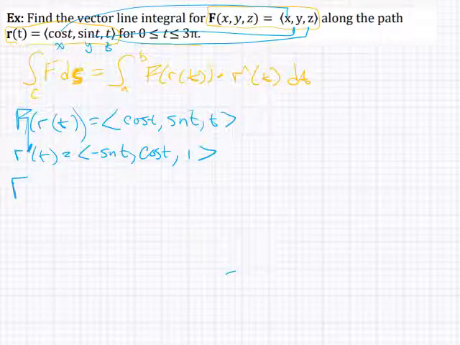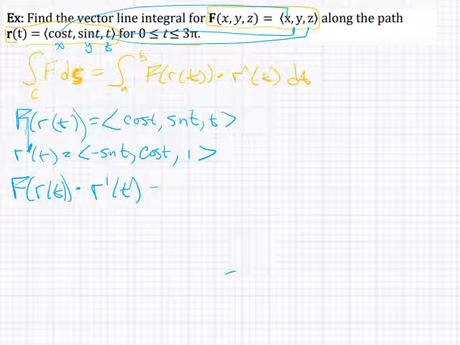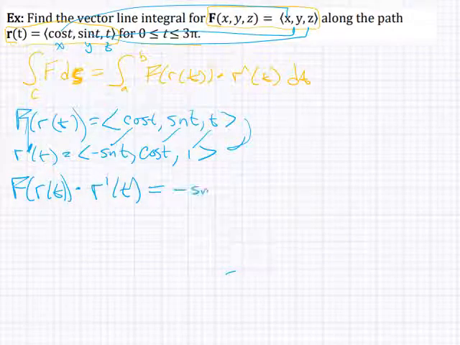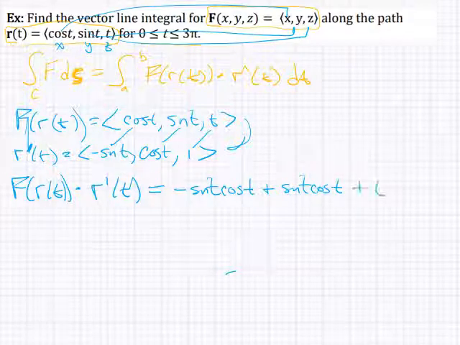And then we need f of r of t dot r prime of t. So the dot product between these two is easy. This times this, plus this times this, plus this times this. So we're going to get minus sine t cosine t plus sine t cosine t plus t.